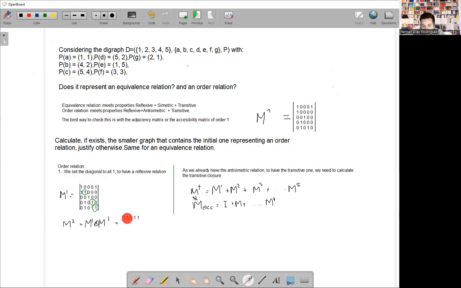So the position 1, 2 is also a 1. For the third position, we multiply the first row by the third column. So you can see we don't have any coincidental 1 here. So we put a 0 on this position of the matrix. Right, we continue like this, calculating values for all the positions within the matrix.